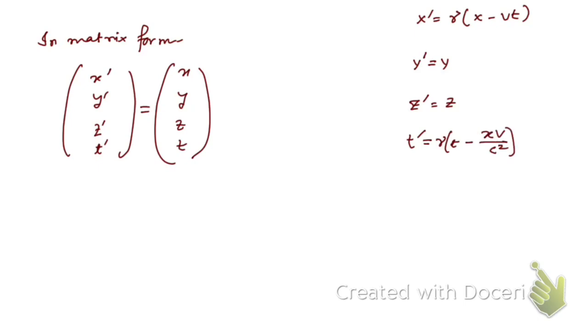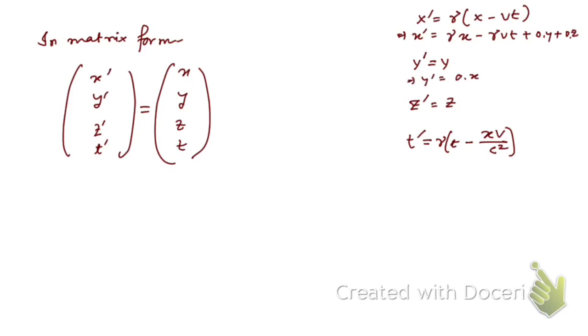We can write the first equation in this form: x dash is equal to gamma x, then minus gamma into v into t, then 0 into y and 0 into z.